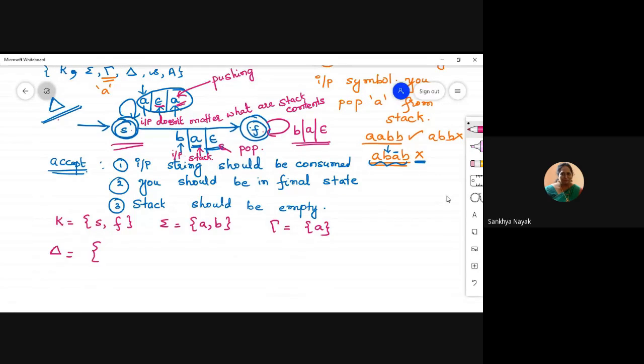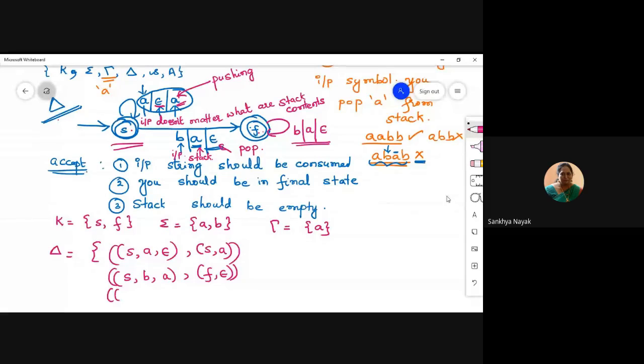So how will I show it? If you're in a state S and you have A and it doesn't matter what is there in the stack, then you will be pushing that. And similarly, if you are in state S and you get a B as an input, and you have A inside the stack, then you will make a transition from S to F and pop it.